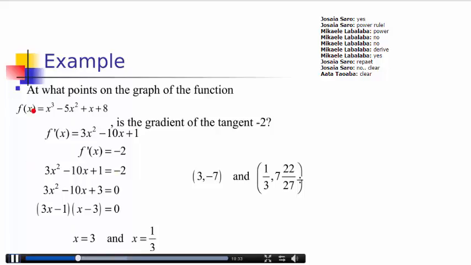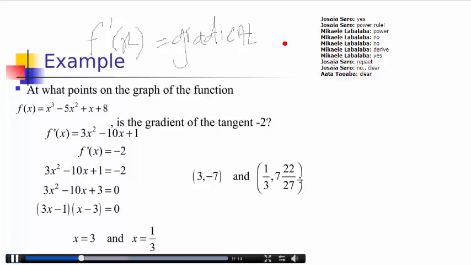So now the gradient is given to you, which means we know that f dash of x is equal to the gradient.